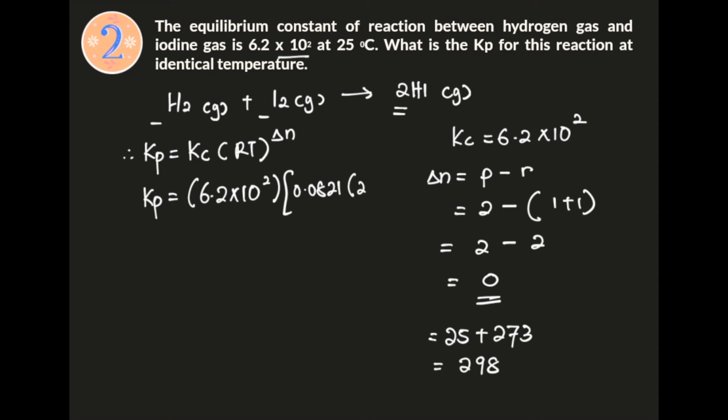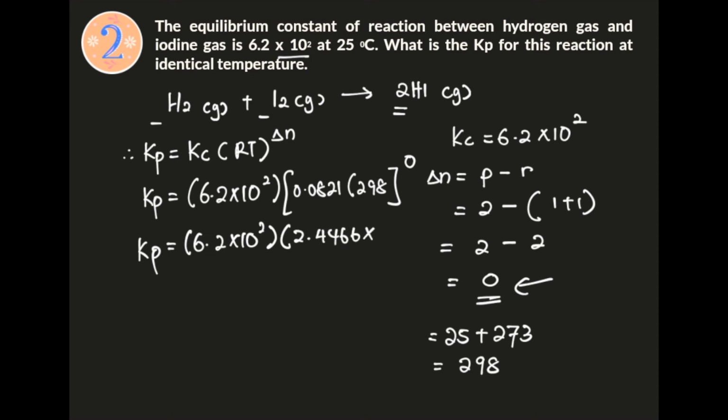So times 298 to the power of 0, because your delta n is equivalent to 0. So your Kp is equivalent to 6.2 times 10 to the power of 2 times 2.4466 times 10 to the power of 1, all to the power of 0. Hence, your Kp is equivalent to 6.2 times 10 to the power of 2.